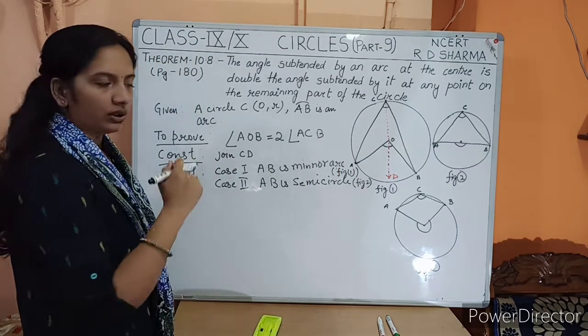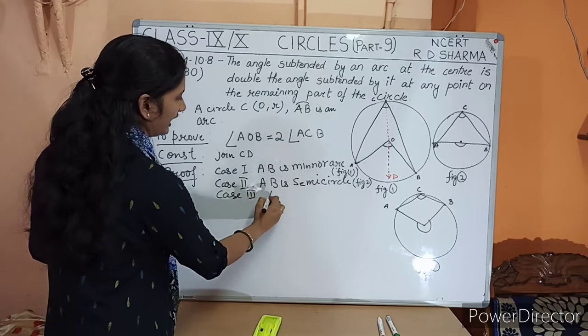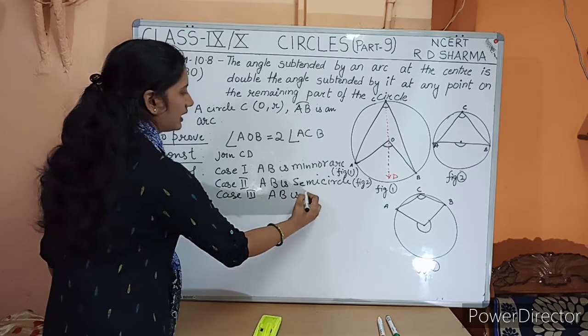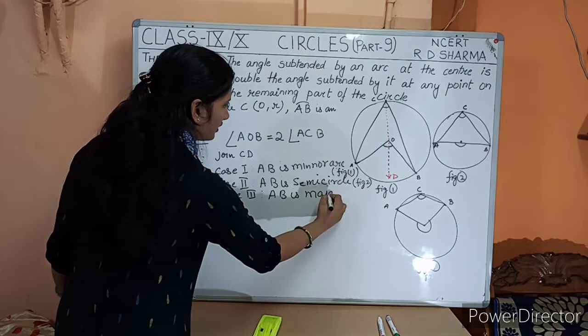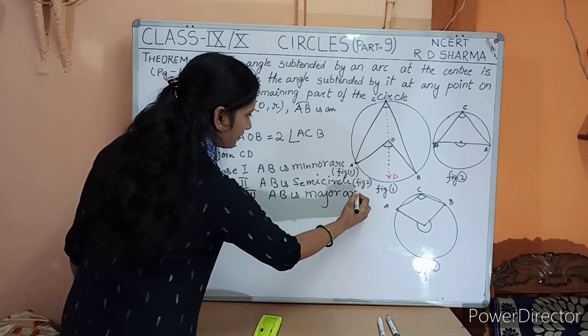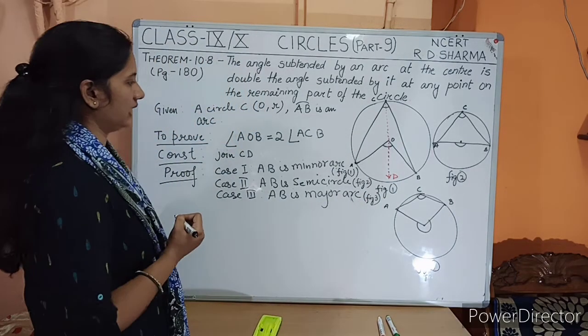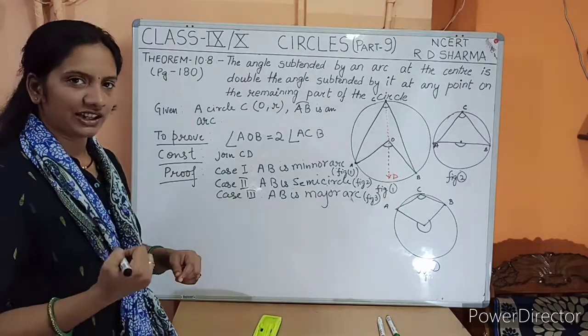Now the third case is when AB is a major arc, and this is represented in figure 3. So one by one we will discuss each and every case.